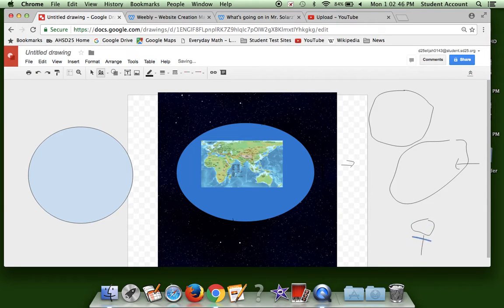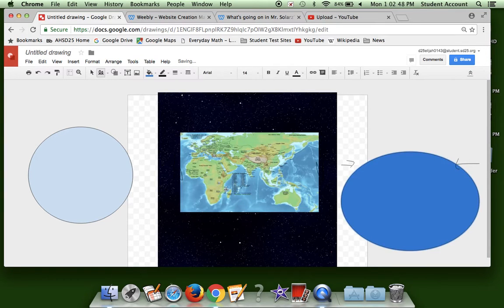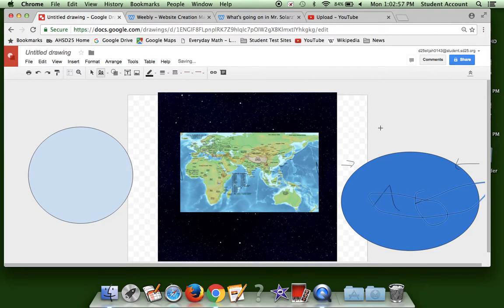And what I'm trying to say here is the Earth is not a perfect circle. Instead, it's round like an oval.